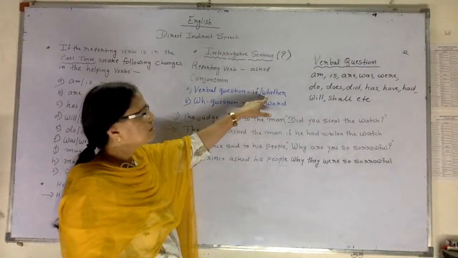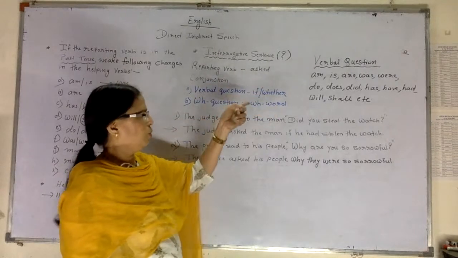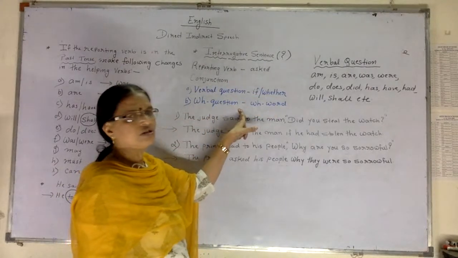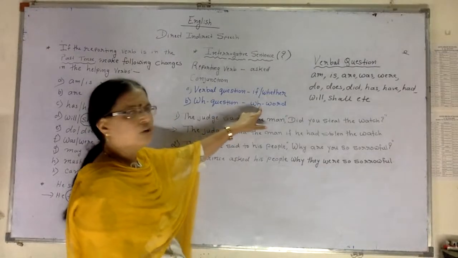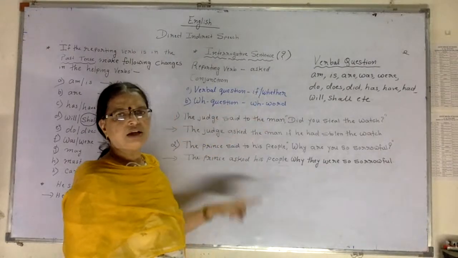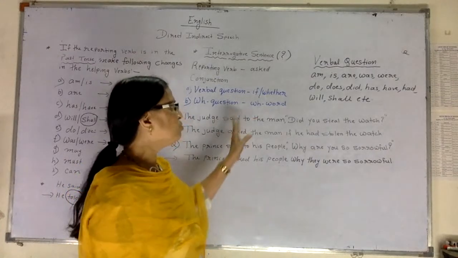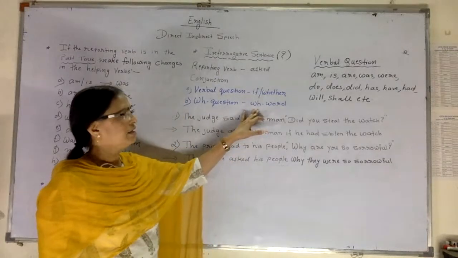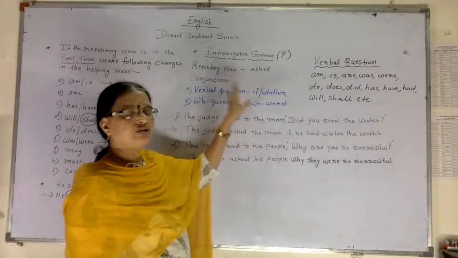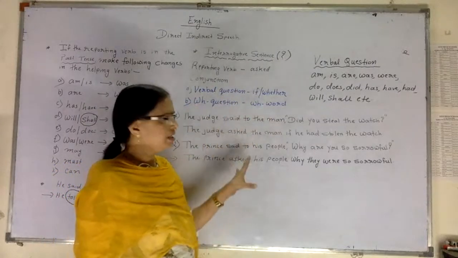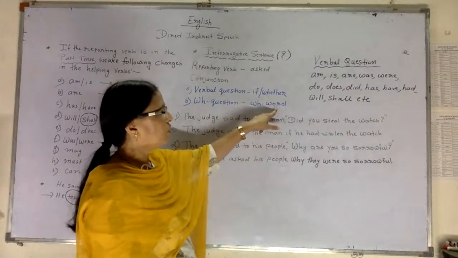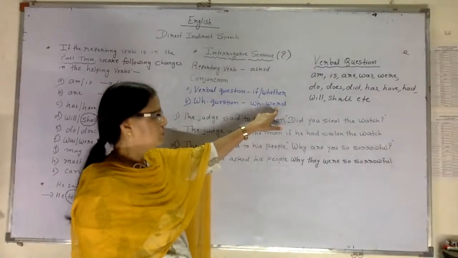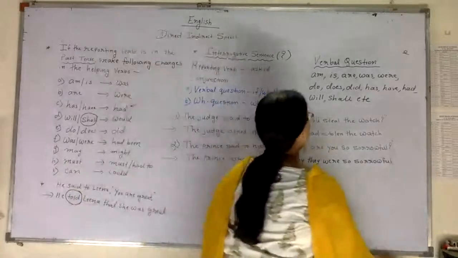See, in a verbal question your answer will be yes or no. But when it is a WH question, and it begins with what or where, then you have to answer it in a complete sentence. You cannot answer it in yes/no type. So these questions, which you have to answer in a complete sentence and which begin with the WH word, are called WH questions.